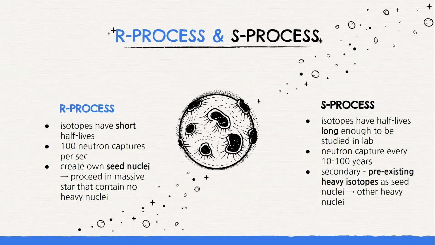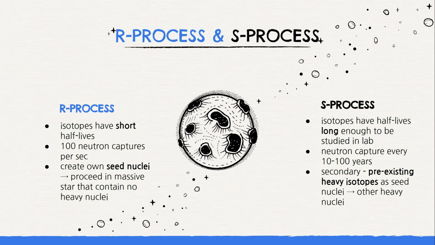The key idea about whether it is rapid or slow is to compare the neutron capture rate and the beta decay rate. For the R process, which is rapid, the neutron capture rate is faster than the beta decay rate, which means that a seed nucleus is going to capture neutrons so fast that even beta decay hasn't occurred.